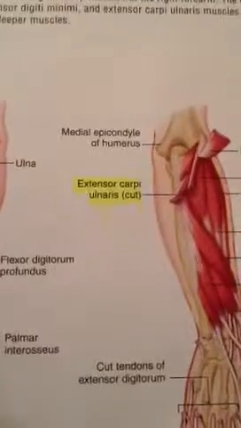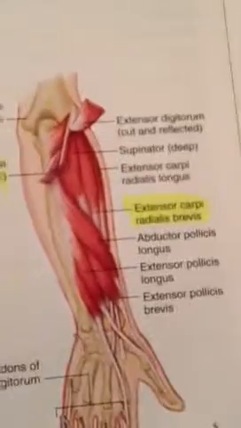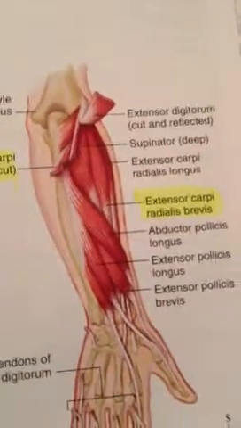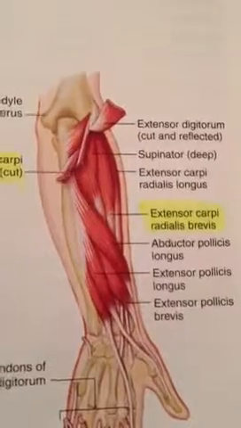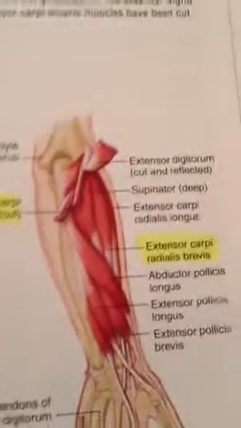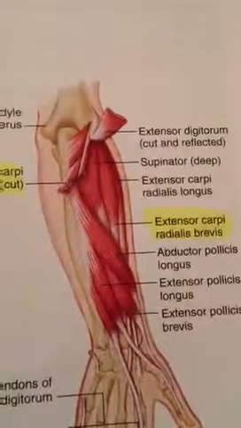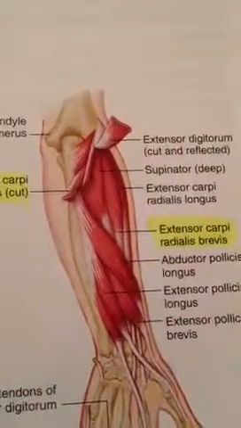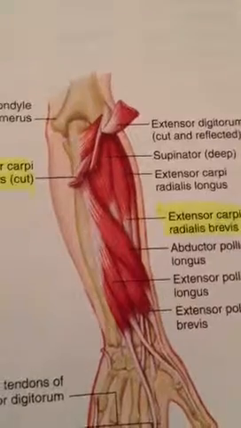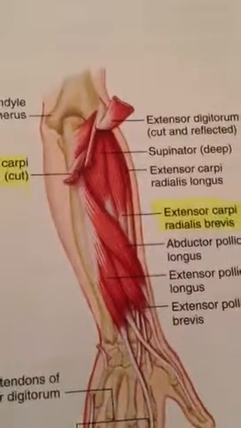Extensor carpi ulnaris and extensor carpi radialis brevis. Origin is humerus.